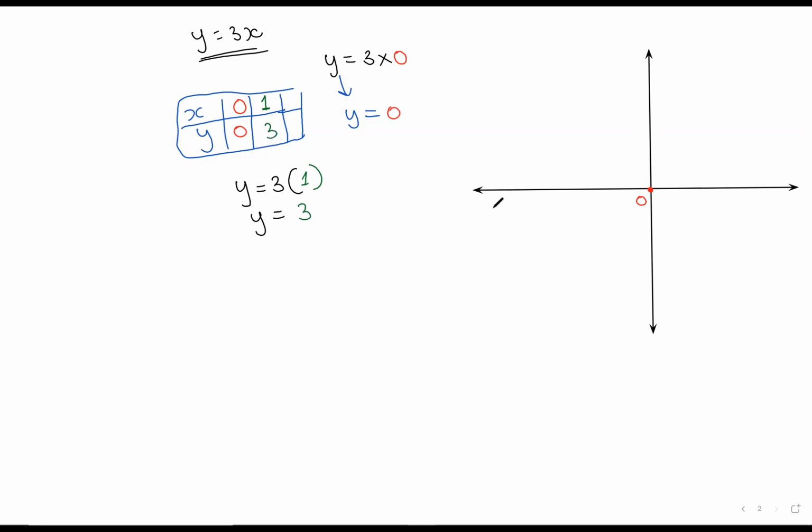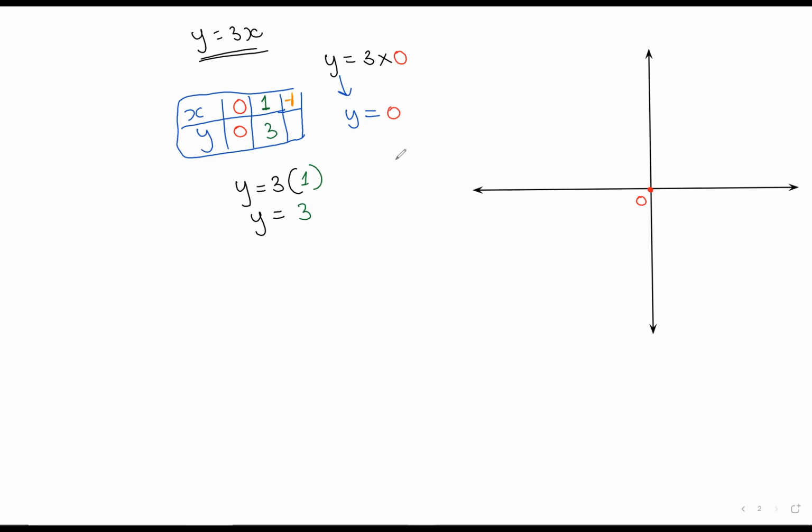Or, just to be sure that you're on the right track, you can take one more point. It's not compulsory, but you can. Let's take -1. It will be a good idea to also have negative numbers. So let's take x is equal to -1.